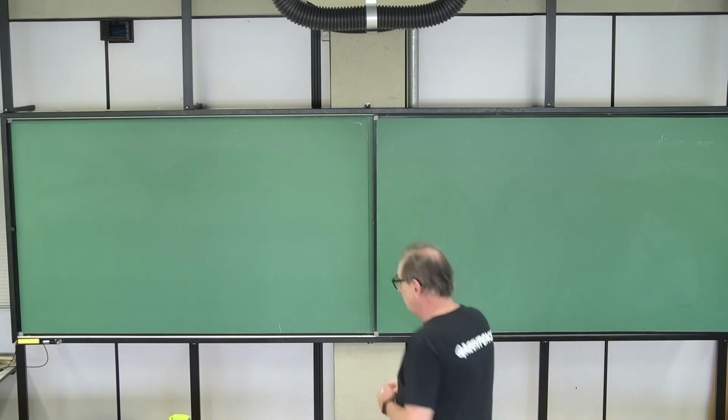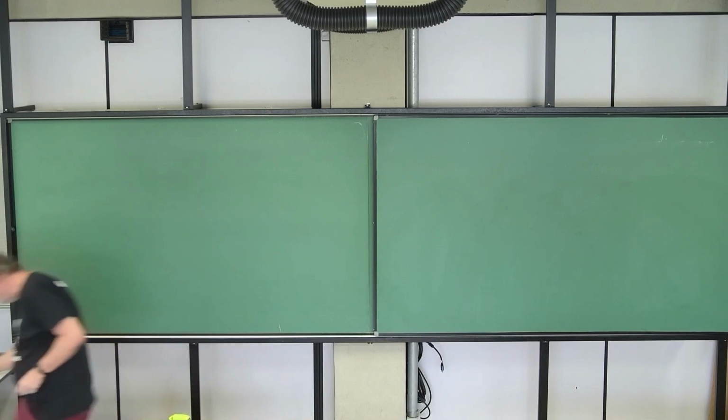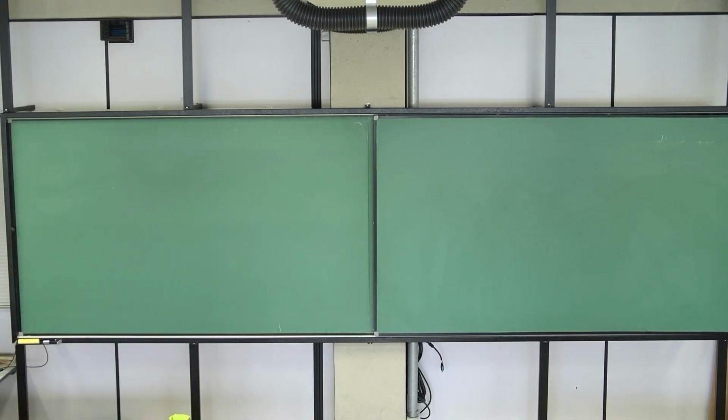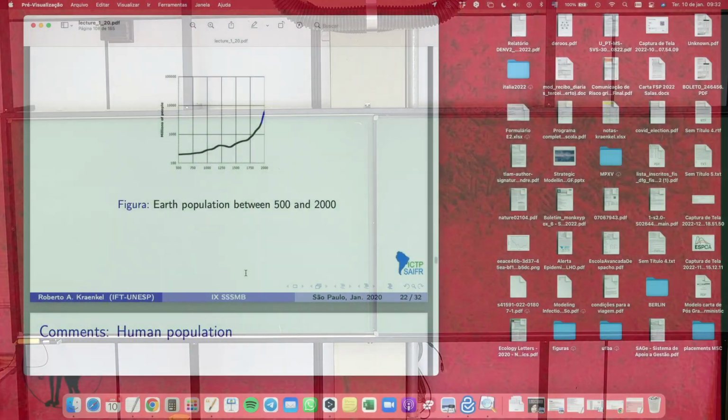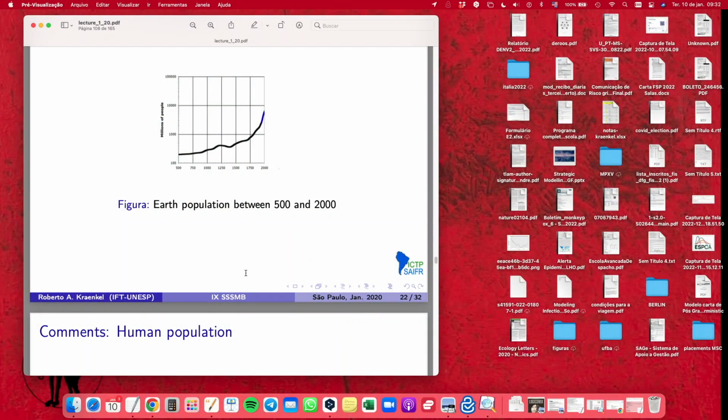Okay, I will show you, if everything works well, which is usually not the case with computers, just a plot. It worked. This is an example of human population.